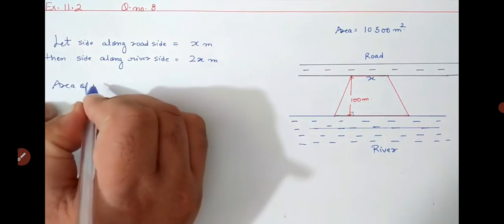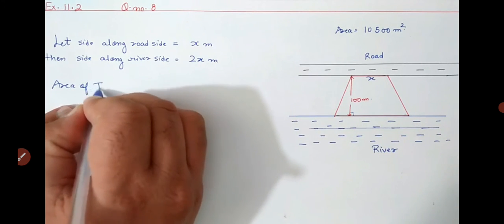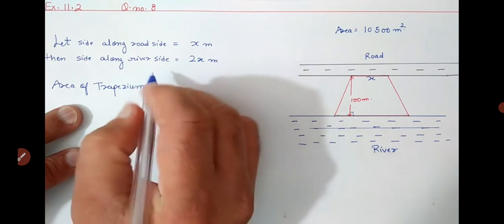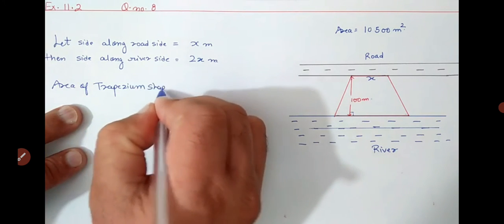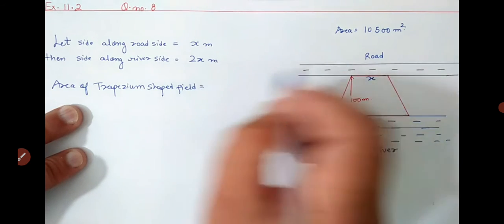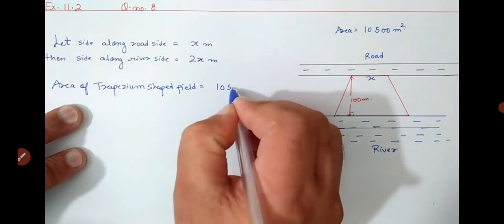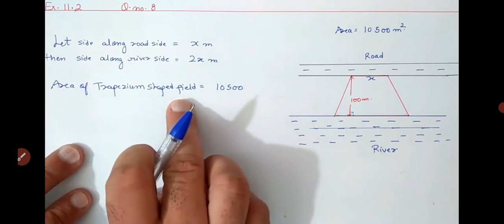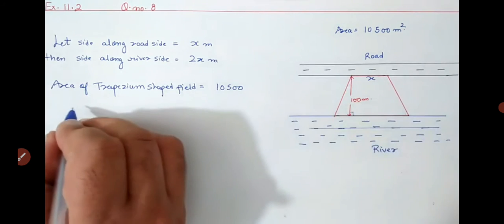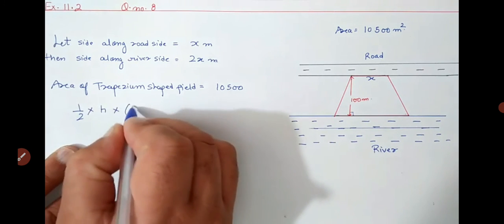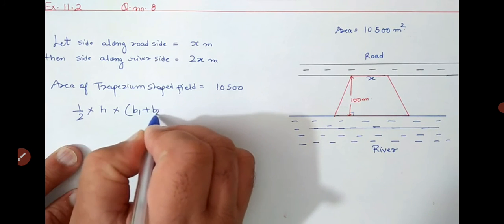Okay, now area of trapezium, area of field, is equal to, it's given 10,500 meter square, and we know that area of trapezium is 1/2 into h into b1 plus b2.